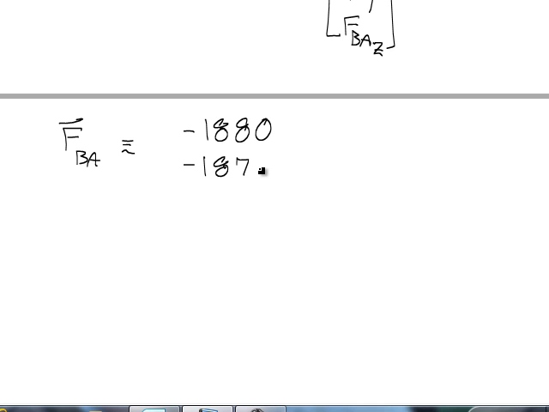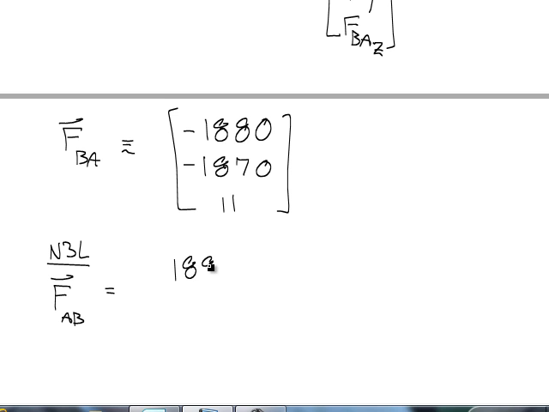And then, since I asked for the force on the arm by the ball, the force on the arm by the ball would be 1880, this is approximate, 1870, negative 11. Okay. Any questions about that?